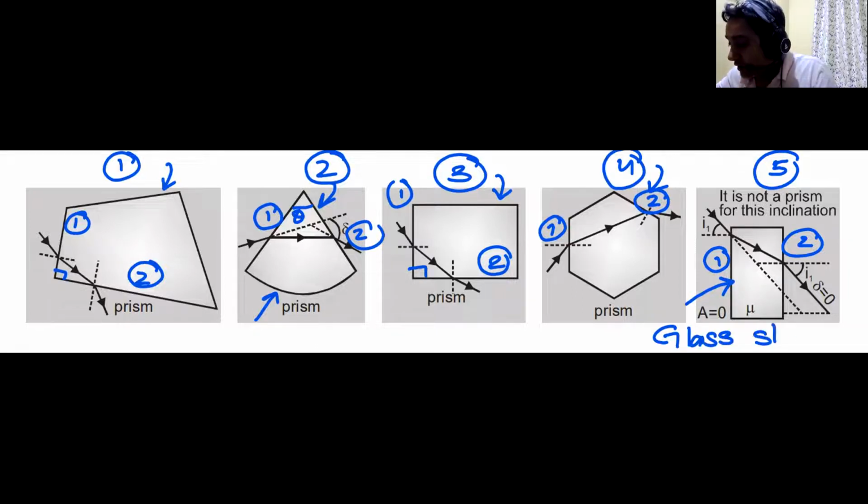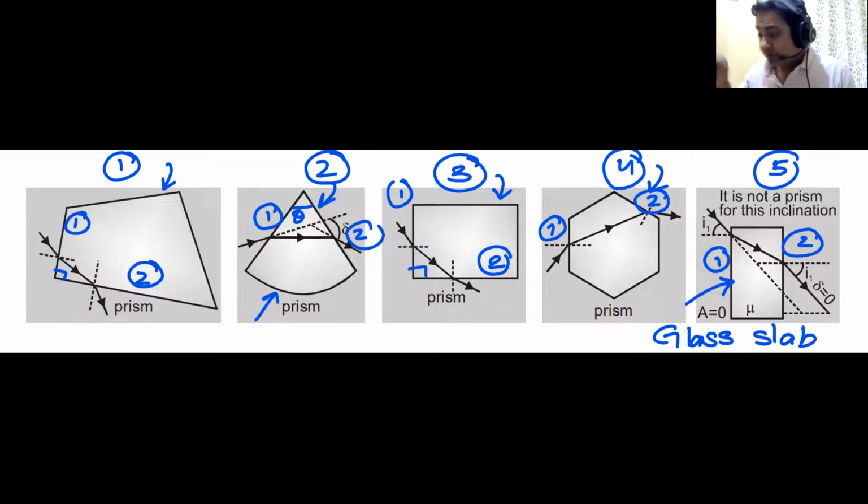If you have understood this, please raise your hands. Why is it behaving as a glass slab? Because the two surfaces where refraction is taking place are parallel to each other, and therefore this combination does not behave like a prism, it behaves like a glass slab. Can I have raised hands from everyone that we understand this?